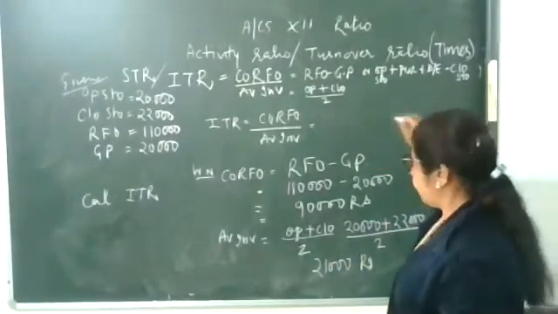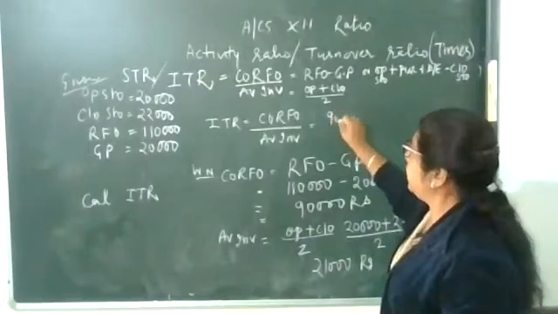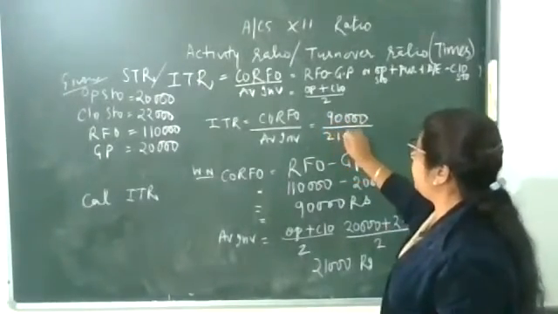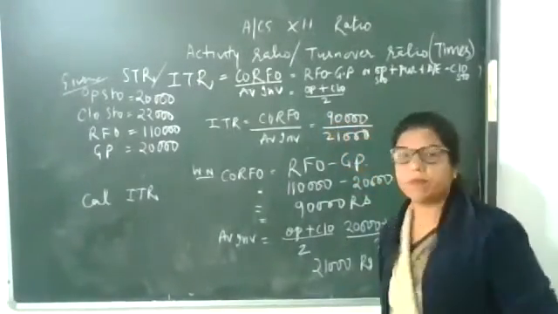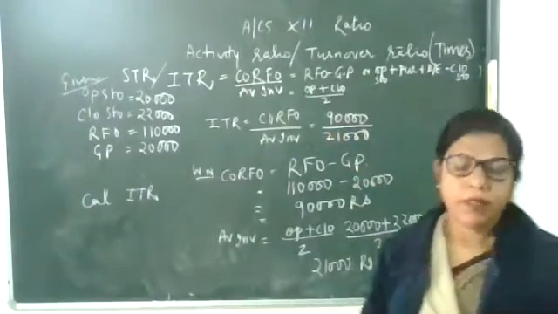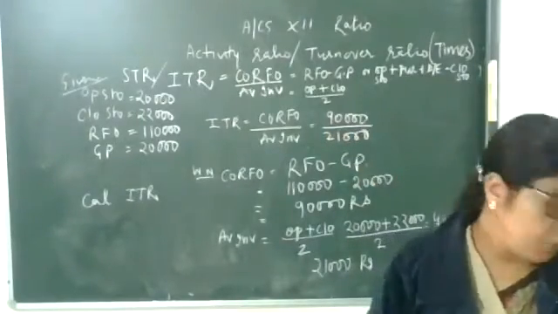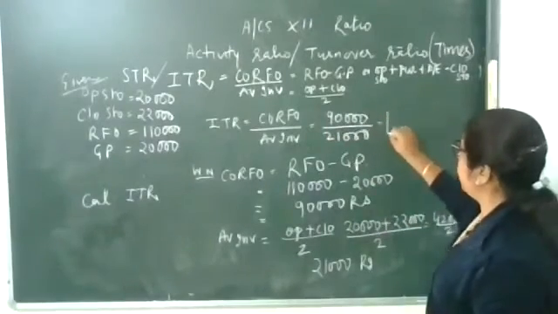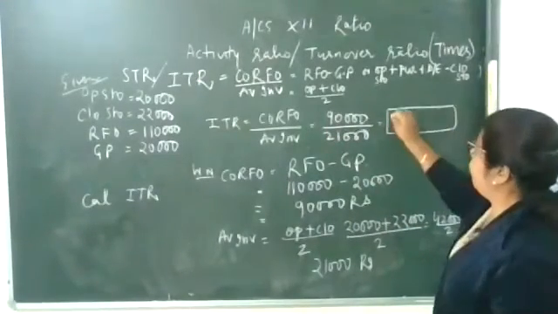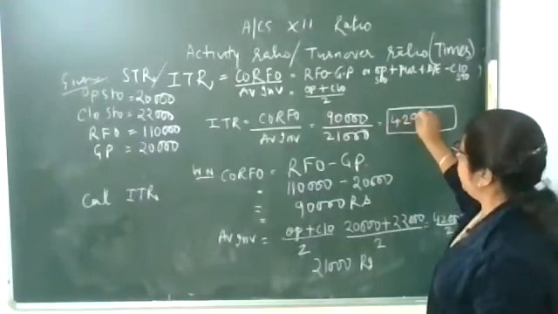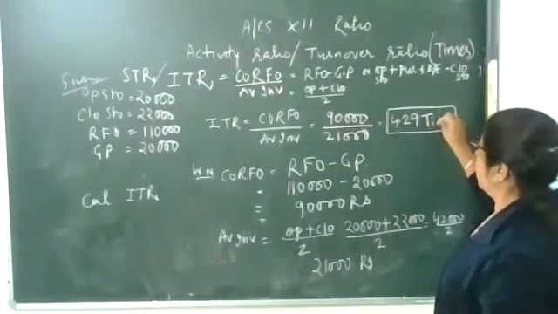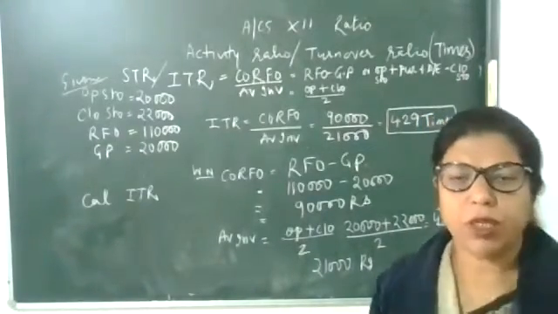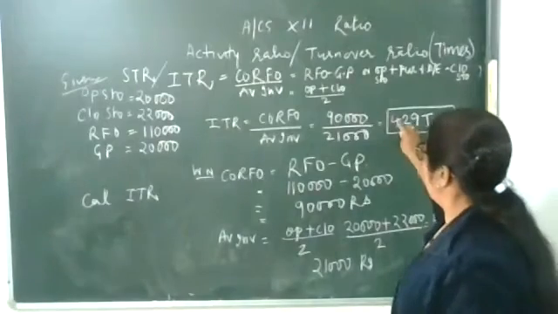So here, 90,000 upon 21,000, our answer will be 4.29 times.